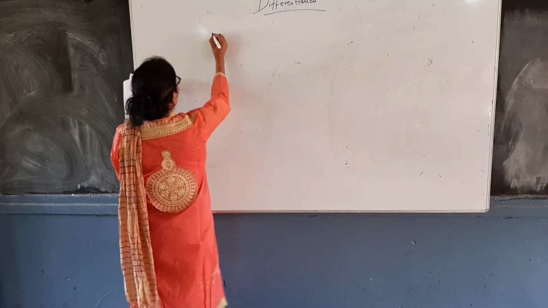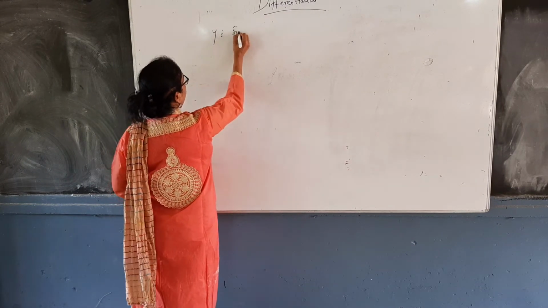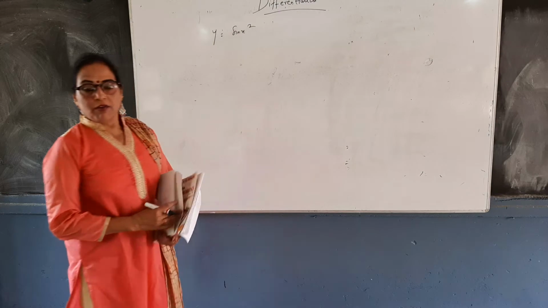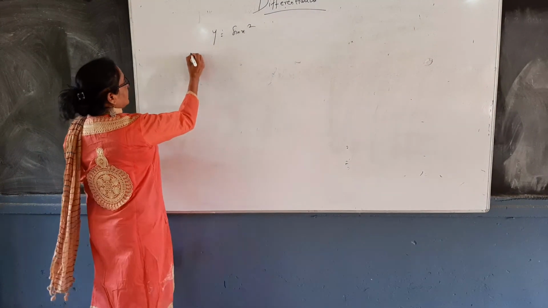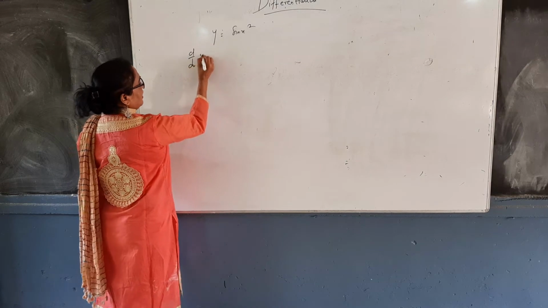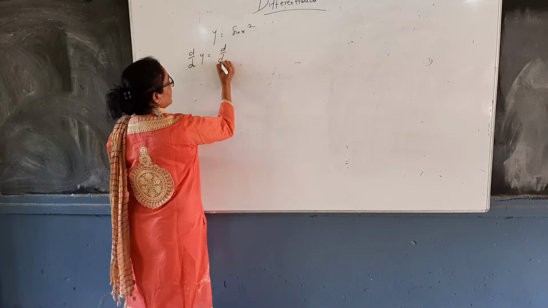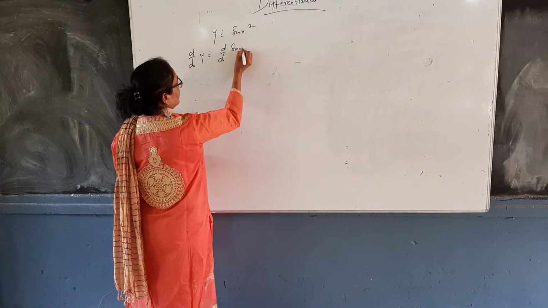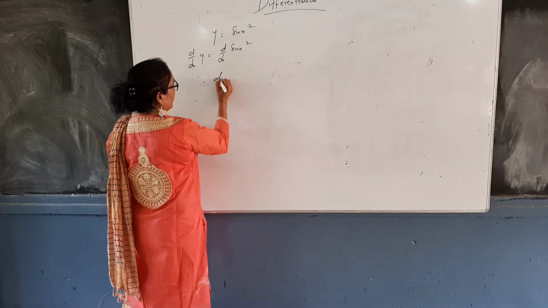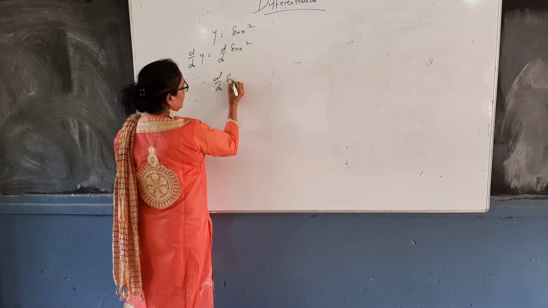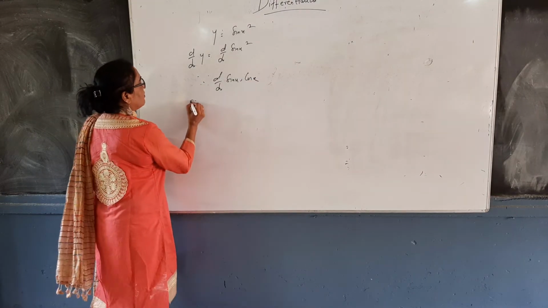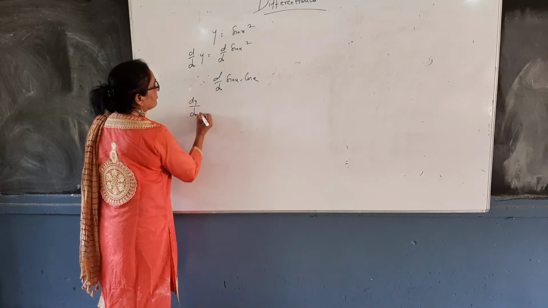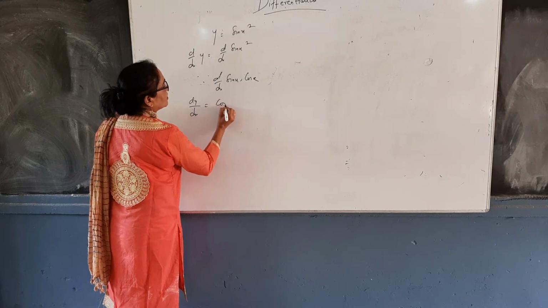If it is given y equal to sine x square, again differentiate: d by dx of y equal to d by dx of sine x square. We know that d by dx of sine x is cos x, so here we will get dy by dx equal to cos x square.